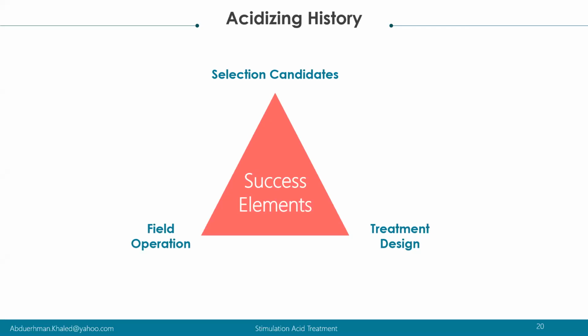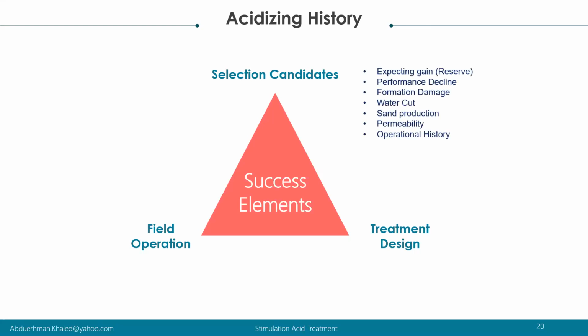Generally speaking, candidate selection is the first priority of the project, so we can increase the production and improve our productivity index. Then the treatment design is more about the service companies, and they know a lot about the main additives and the recipes.